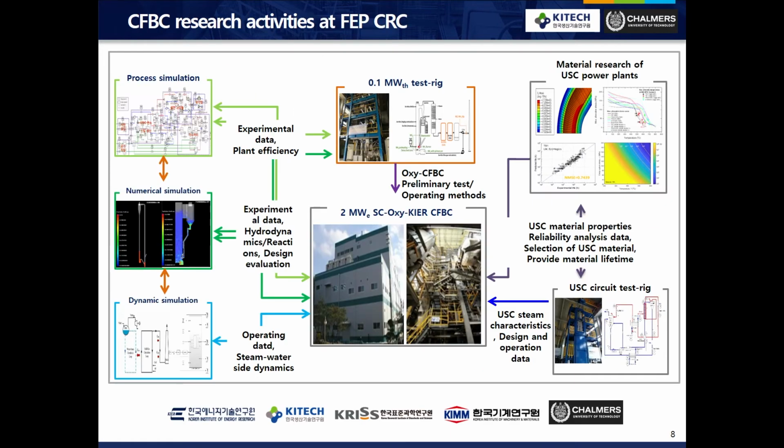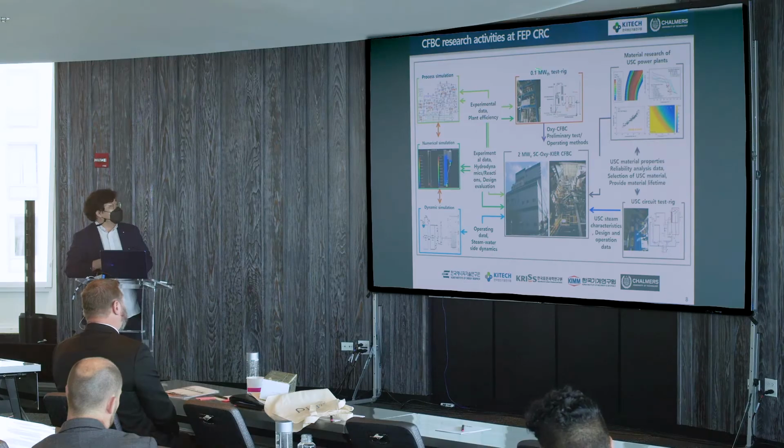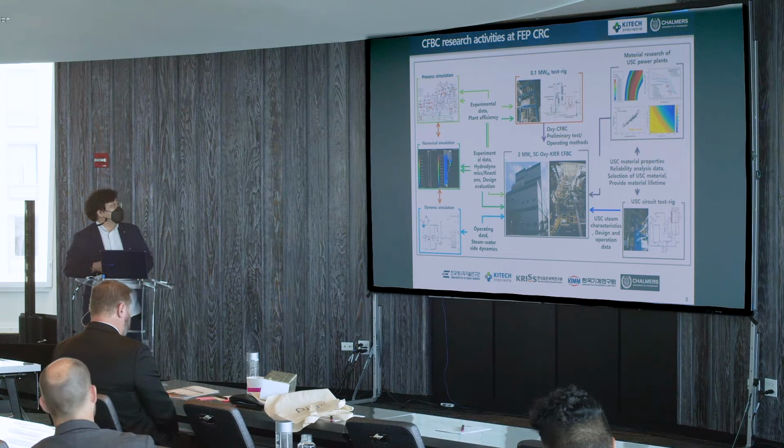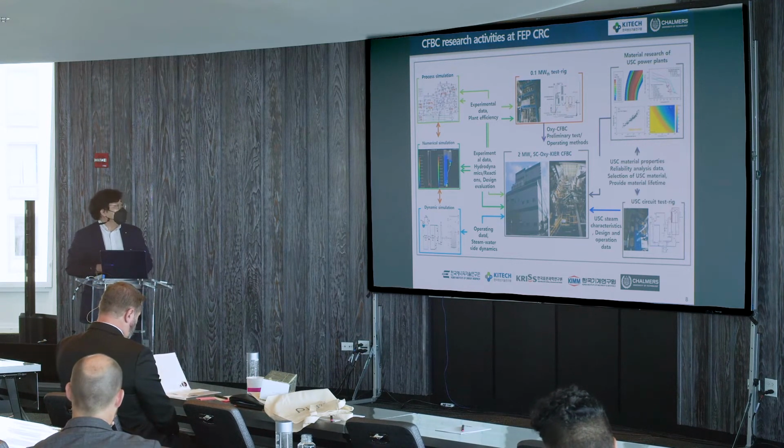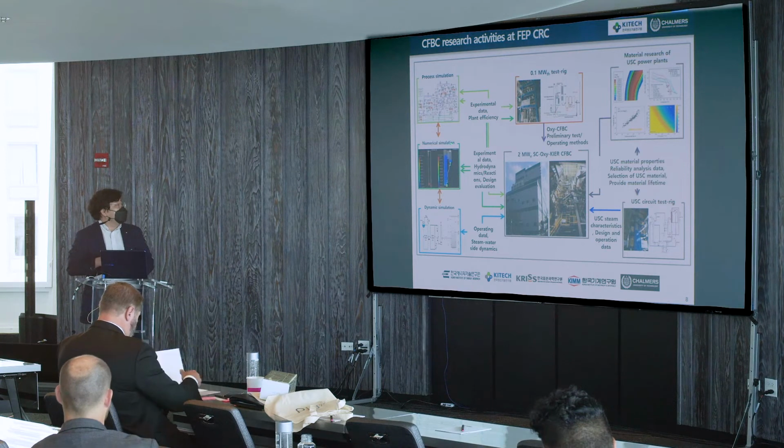So we have been using 3D simulation for a long time, and today I'm going to talk about the results from this project. This project is about developing an oxy combustion system for CFB boiler, and I'm in charge of the numerical simulation part.